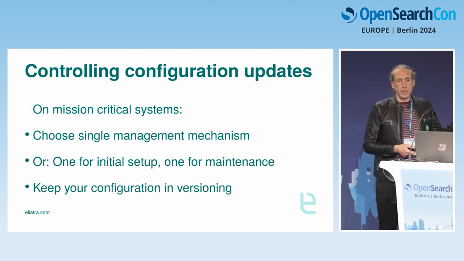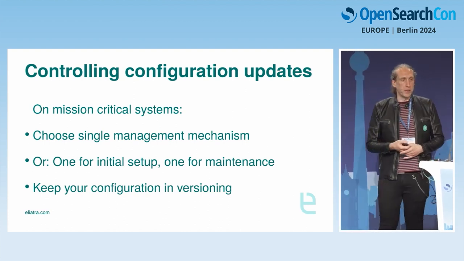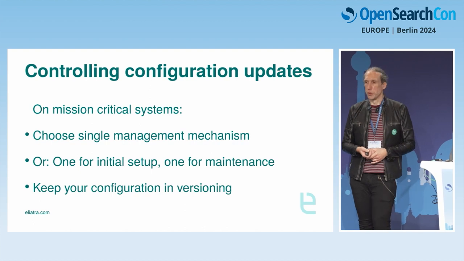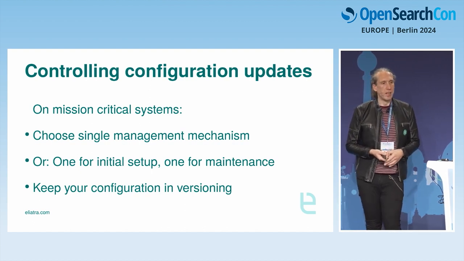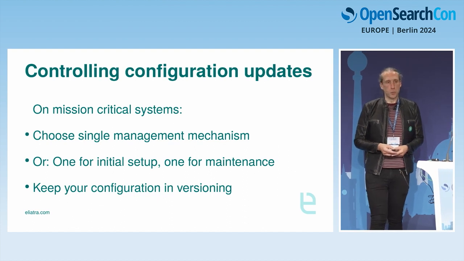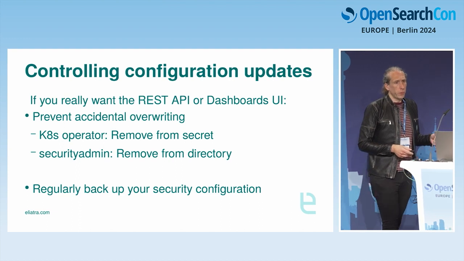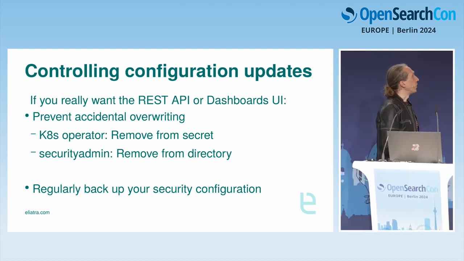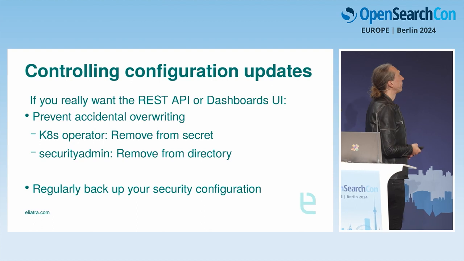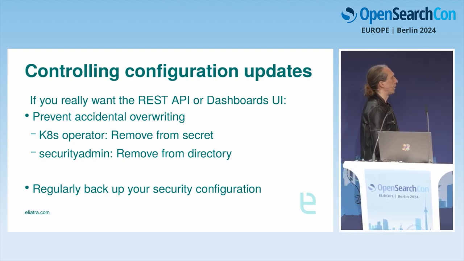So, in case of mission-critical systems where unavailability is a no-go, really put your configuration files into version management and avoid the REST API and the UI and Dashboards. If you really want to use the REST API, you can use some strategies to prevent accidental overwriting.